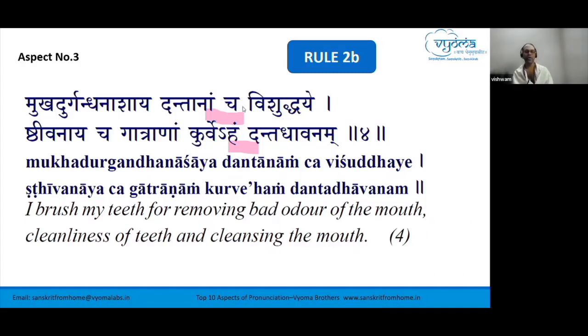Now listen to the question properly. We will see who can answer this. Should it be Danta Nam Cha Vishuddhaye or Danta Nancha Vishuddhaye? Nancha or Namcha?